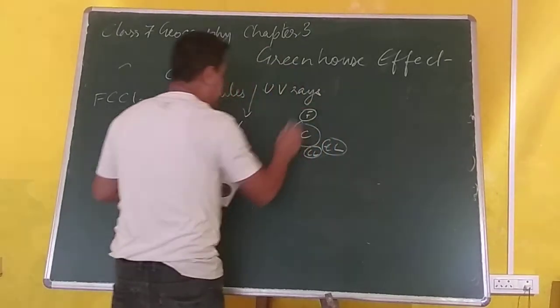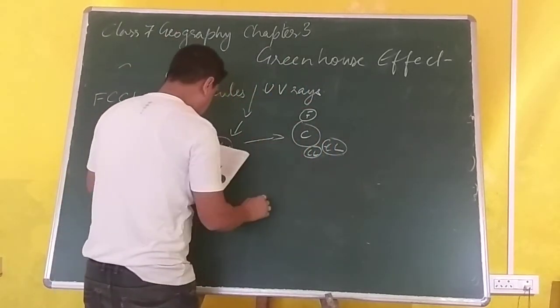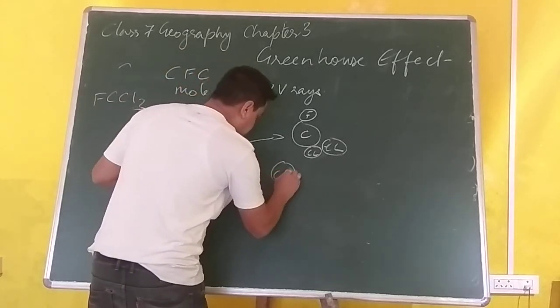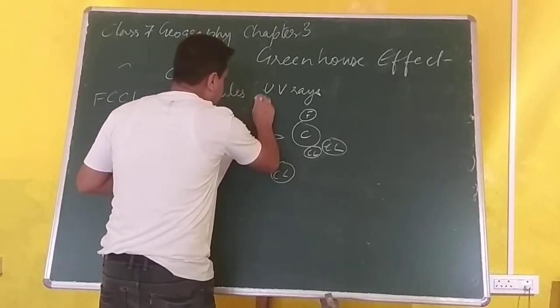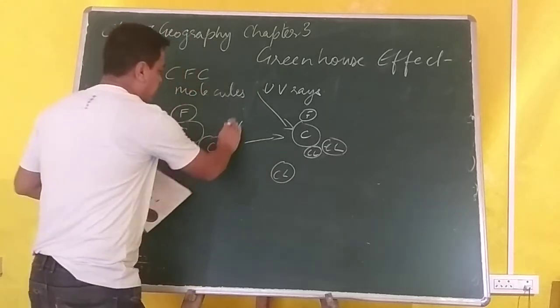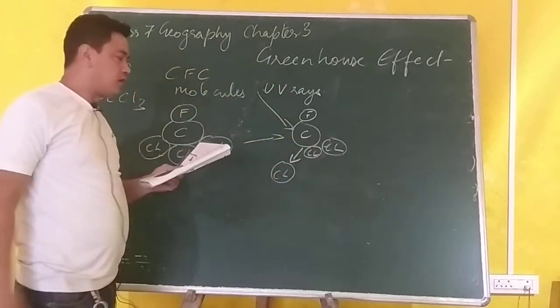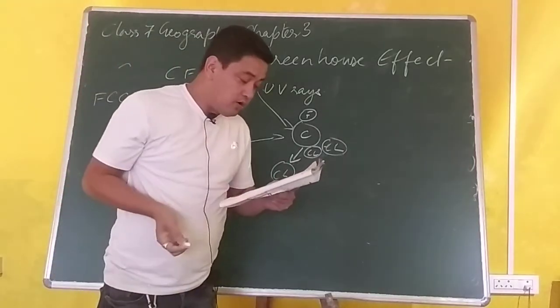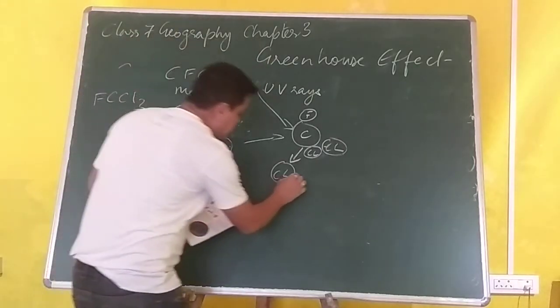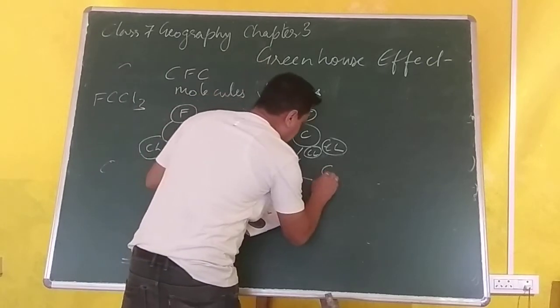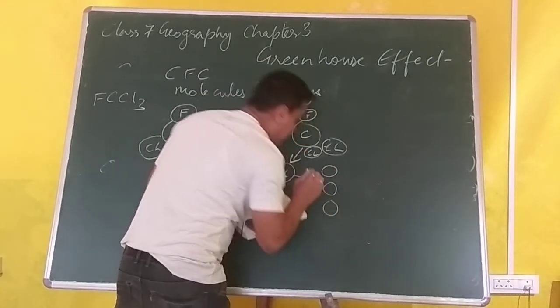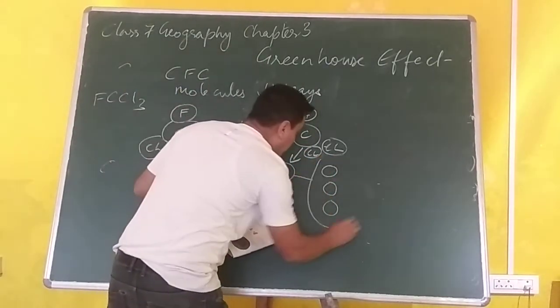I am making another one here. So in order to show you, when this chlorine atom breaks due to ultraviolet rays, what happens? This chlorine atom gets separated from the chlorofluorocarbons, and basically this chlorine eats away the oxygen atom of our ozone.